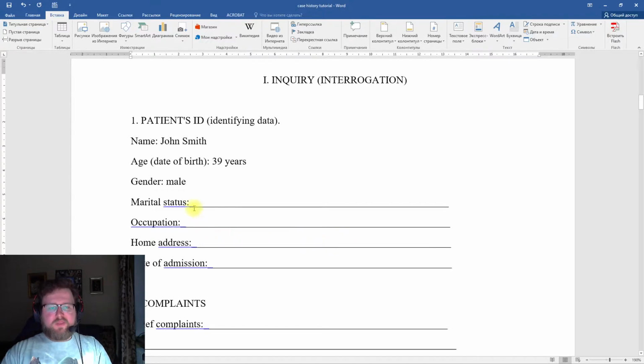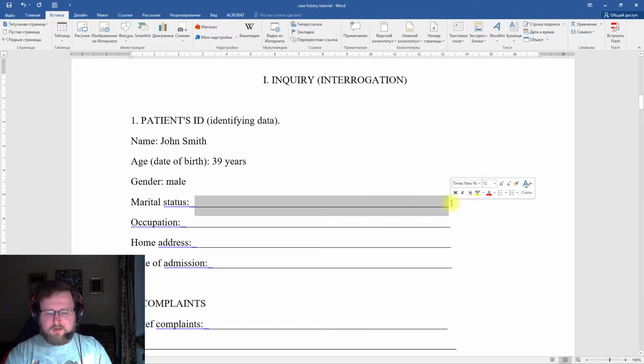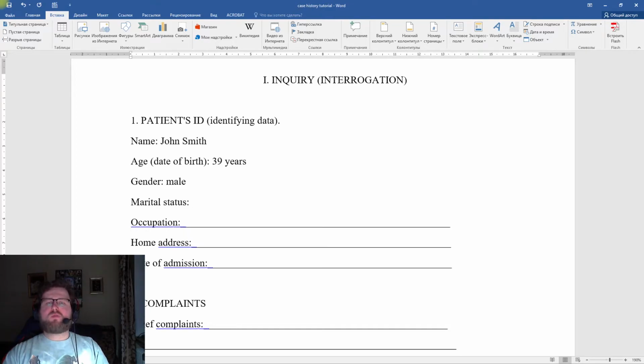Next, marital status. Why is this field important? Because usually, if we are talking about some adult person, those relatives who are going to look after this person after your surgery, or those who are going to sign the papers giving permission to perform surgery or a diagnostic procedure, very infrequently it's going to be his parents or brothers and sisters.